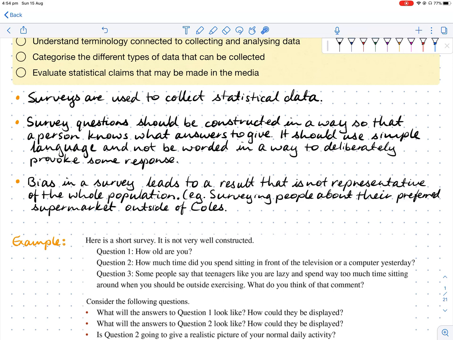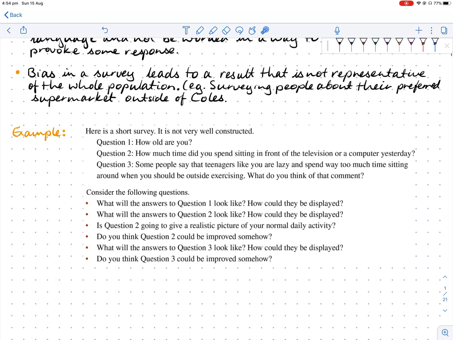So for example, if I survey people about their preferred supermarket right outside Coles, I'm not going to be able to get some good data there, because more often than not, most of those people are going to say, Coles is my preferred supermarket.